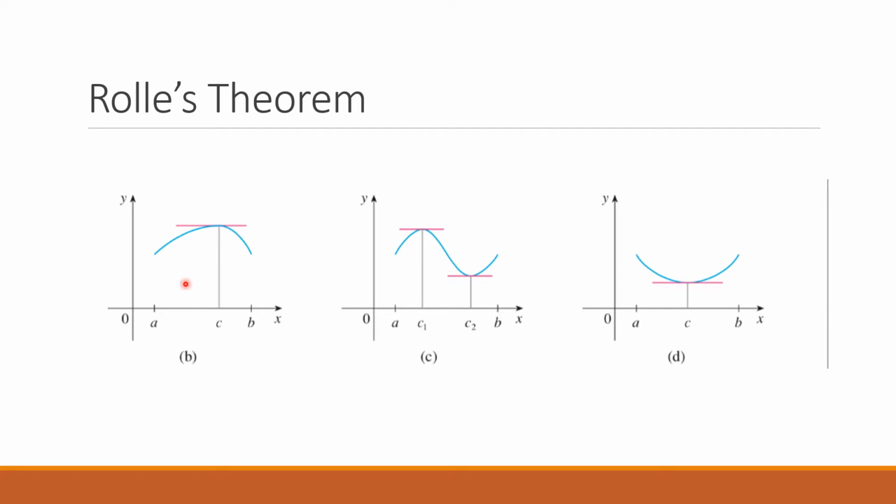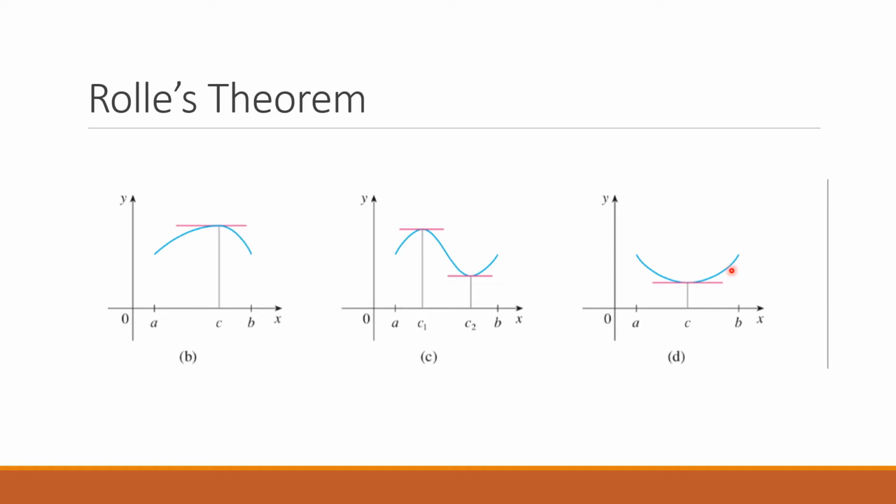Here are different examples. In here it's differentiable and continuous, so I have only one point where the derivative equals 0, or the slope is horizontal. In here it starts from here and ends there, again starting and ending with the same value, differentiable, continuous, and I have 2 points where the slope is horizontal, C1 and C2.